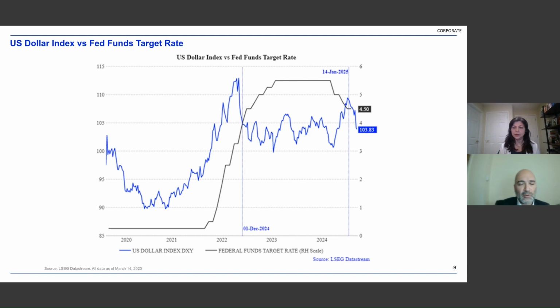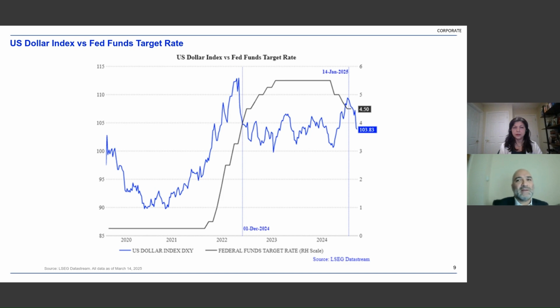After 2022, with inflation kicking in, we see a bit of a disconnect where really there was negative correlation between the Fed funds target rate and the US dollar index. And then what we see again after the 14th of January, this time correctly labeled as 2025, is that even though the Fed has kept interest rates, with a little bit of easing, but moving more sideways than anything else, we see this dramatic drop in the dollar index.